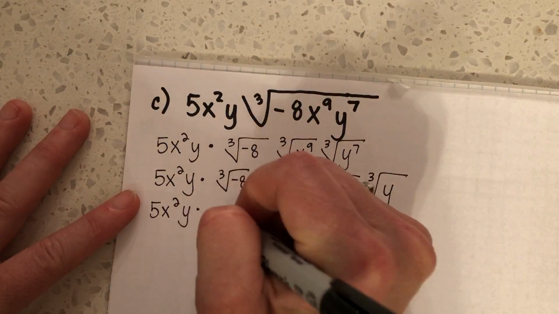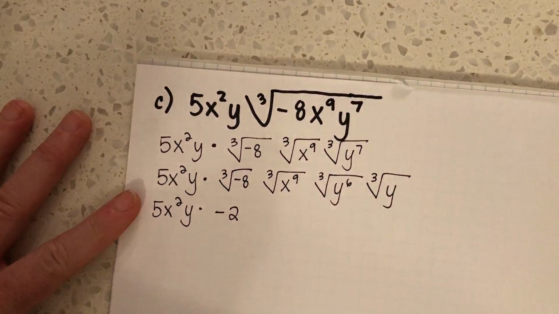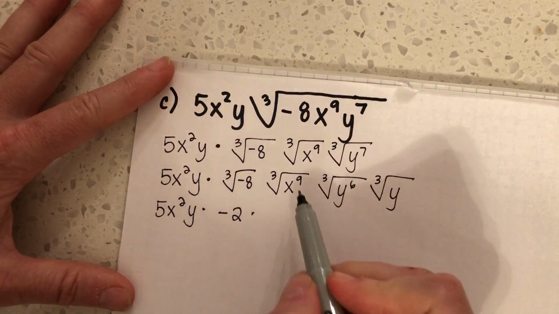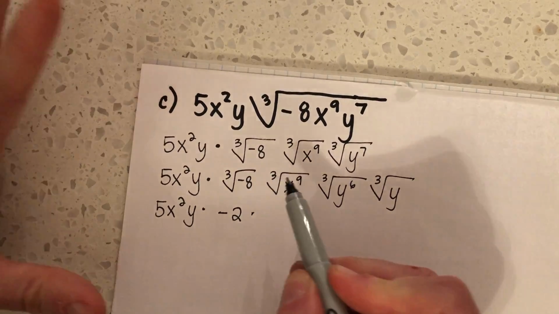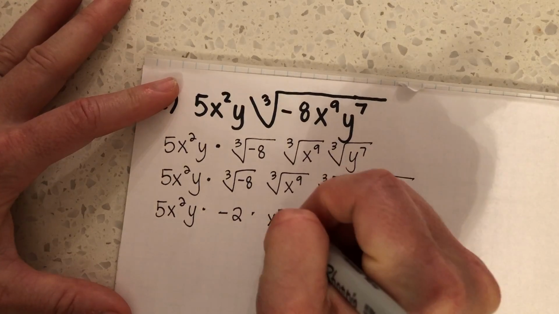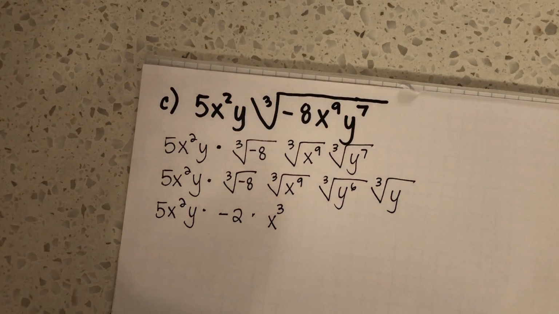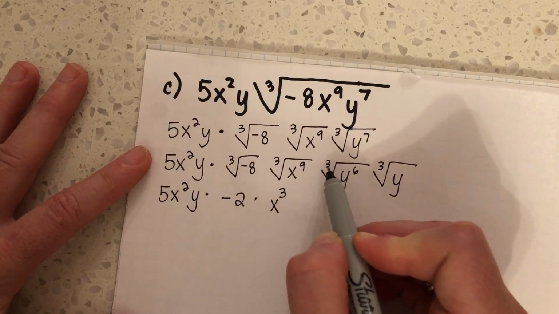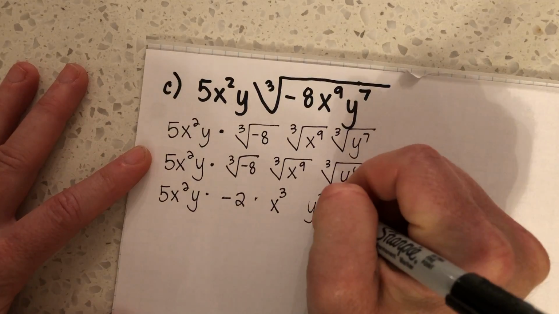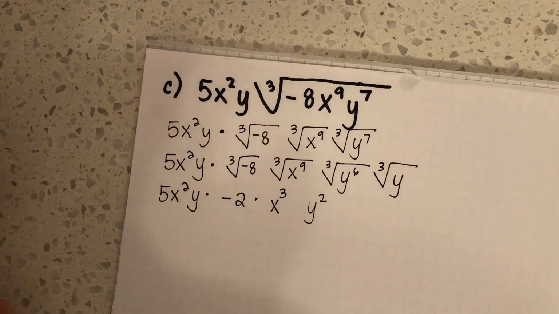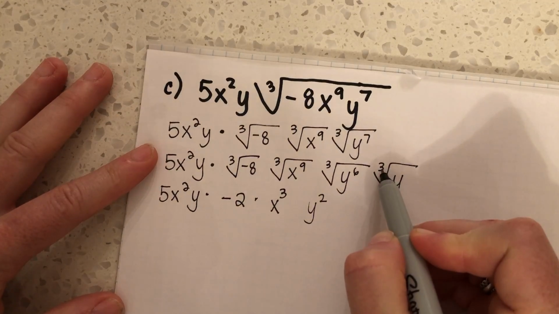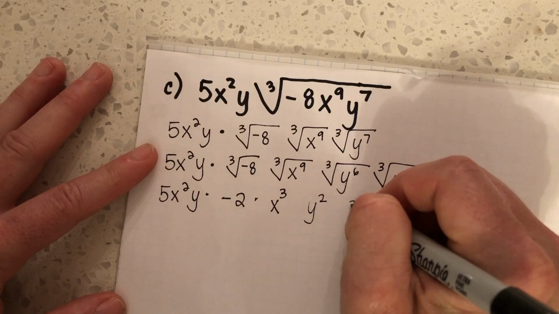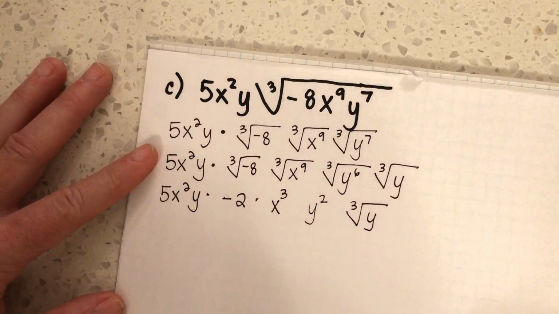So that's going to be negative 2, no more radical, times 9 divided by 3 is 3, so that's x to the third, no more radical. All right, 6 divided by 3 is 2, so that's y squared, no more radical. All right, 1 does not divide by 3. I can't split it up, so it's the one that's stuck underneath forever. It's your leftover third root of y.